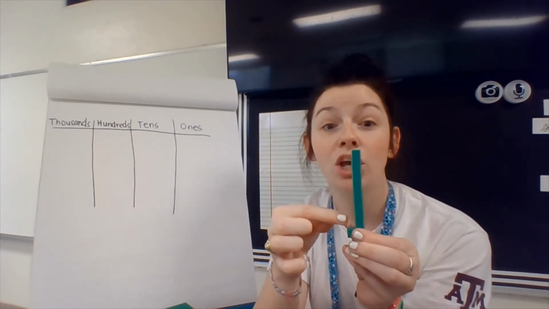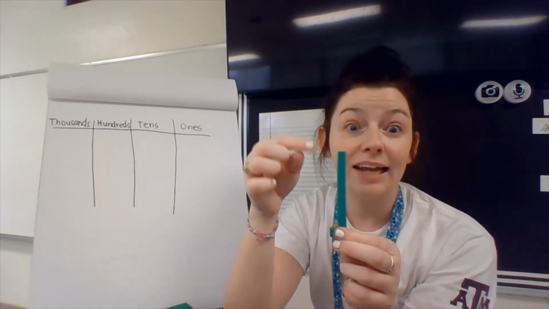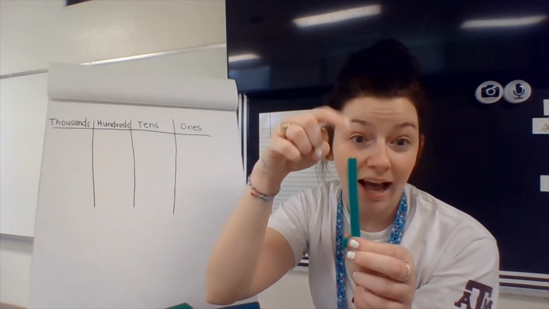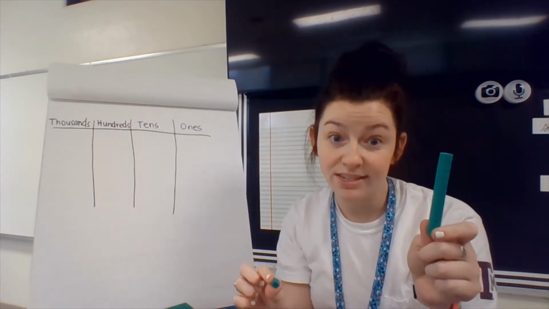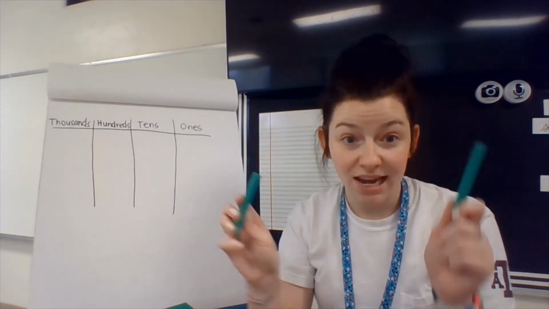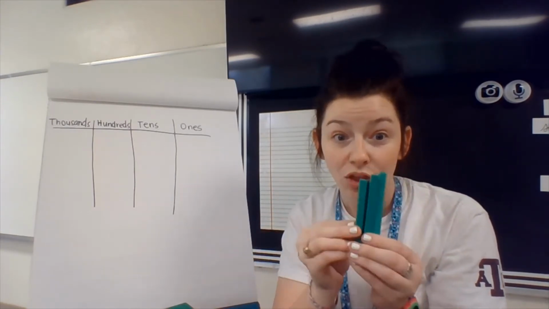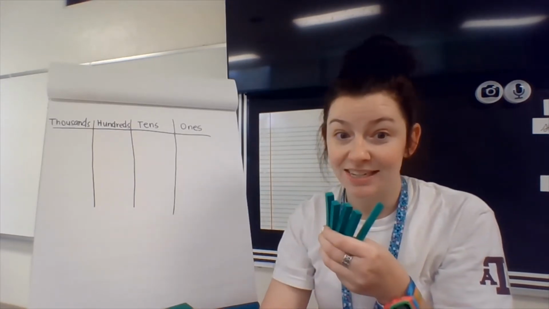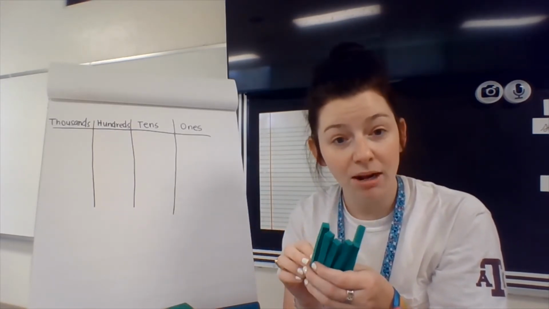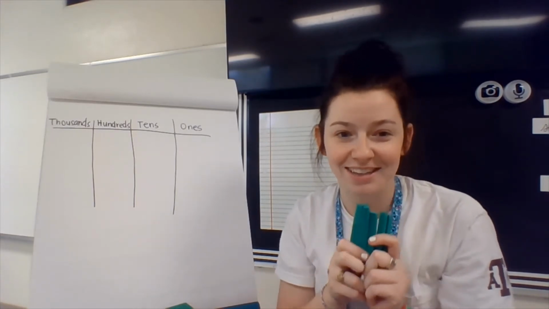I could stack up 1, 2, 3, 4, 5, 6, 7, 8, 9, 10, and they would equal the same height as this 10 stick. 10 ones equals 10. When I count 10 sticks, I count by 10. 10, 20, 30, 40, 50, 60, and I keep counting by tens. I know y'all practiced that last year in first grade, so you should be really good at counting by tens.